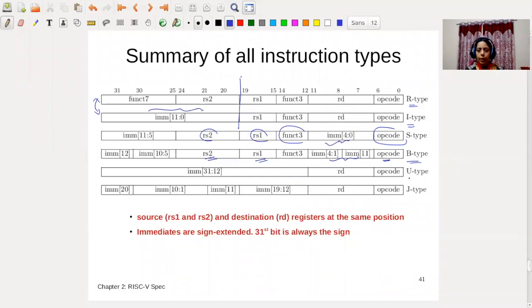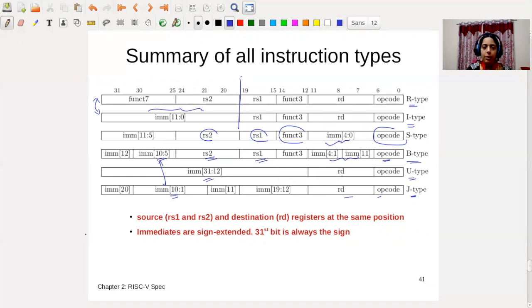And then you have the U type instruction, again the RD and the opcode are in the same positions, rest of it is immediate. And finally the J type, you have the RD and the opcode, and then the immediates form the rest of the instruction. So they might have probably chosen the 10 down to 5 to be in the same positions in both of these, and that's the reason probably for the particular type of format.